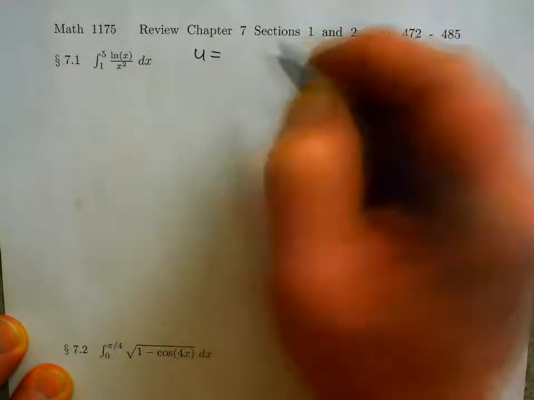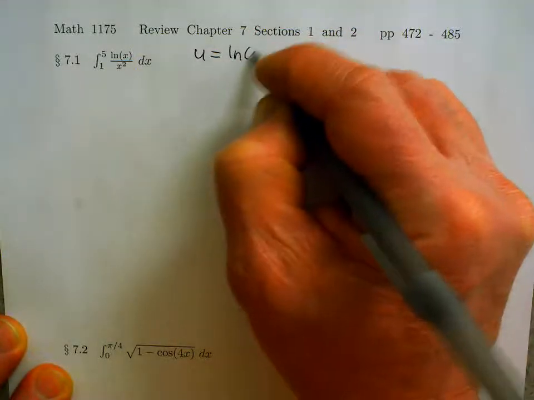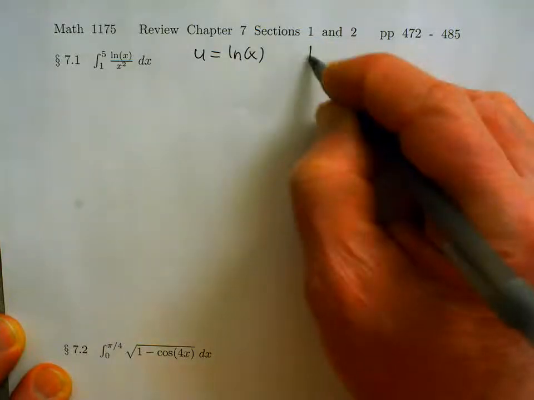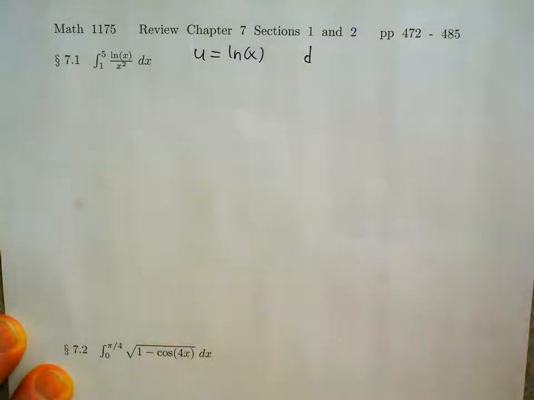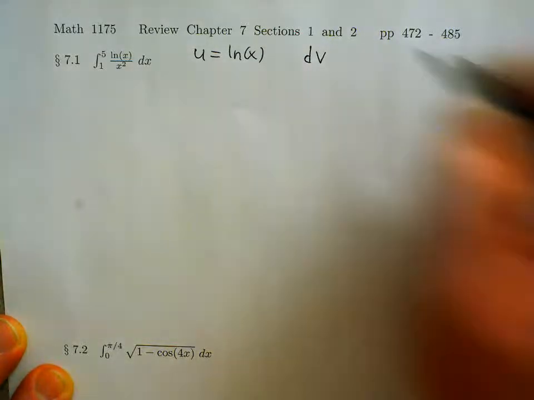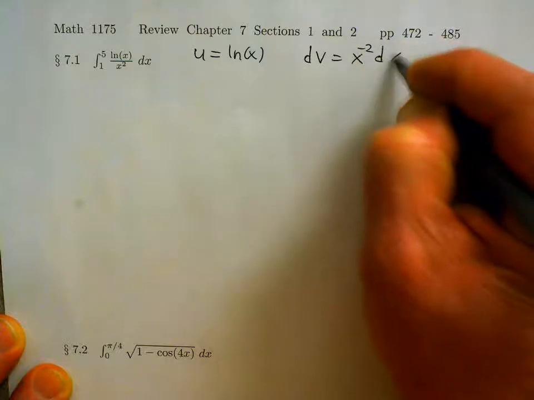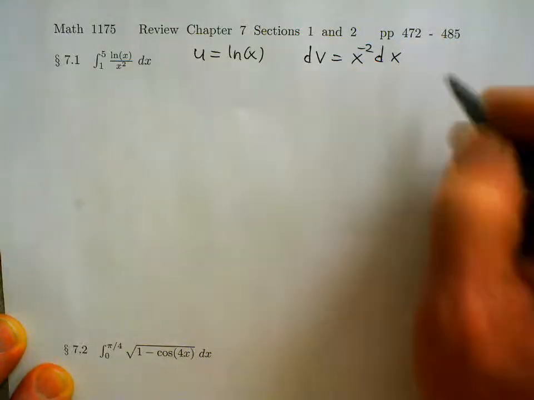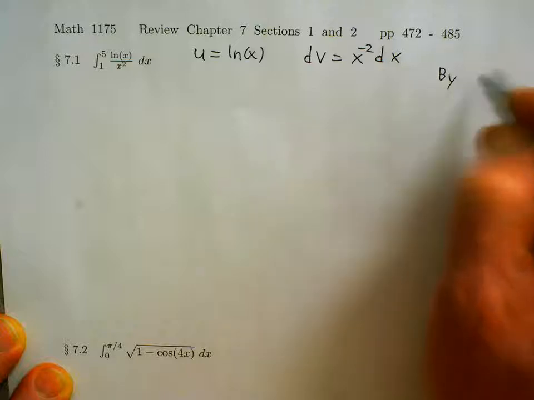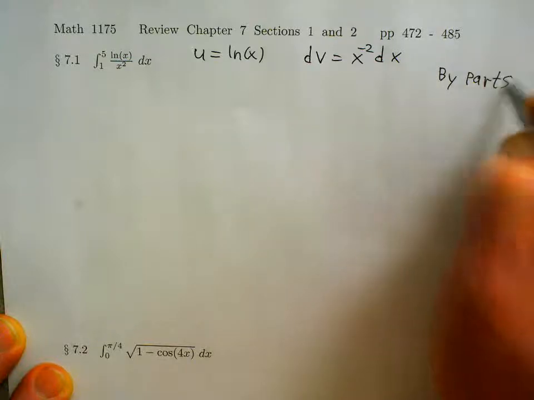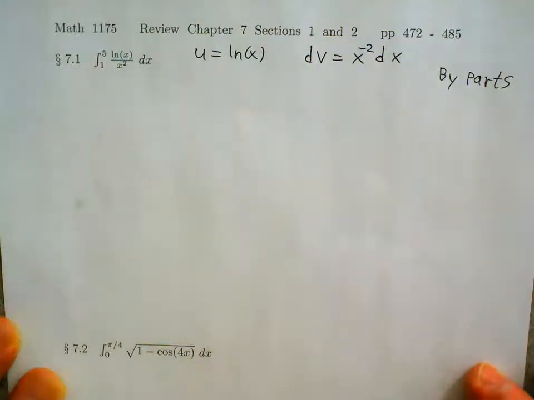Pick u to be the natural log of x, and 1 over x squared dx is dv, but think of 1 over x squared as x to the negative 2 dx, and then integrate by parts on this one. This one works out pretty nicely.